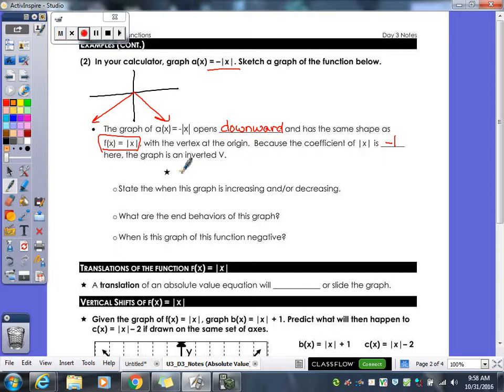So the way that they write this sometimes is g of x equals negative absolute value of x. Well, here, let me change that. I used a g up there, so I'll change that to a. A of x is the negative of our original function, the absolute value of x.